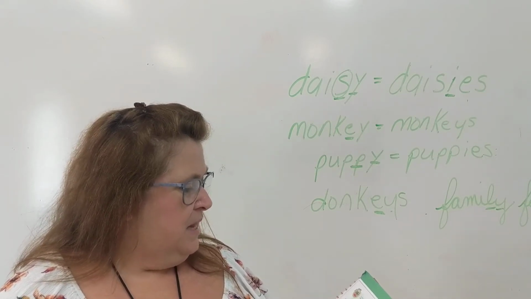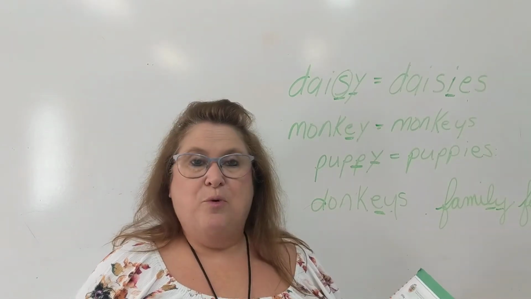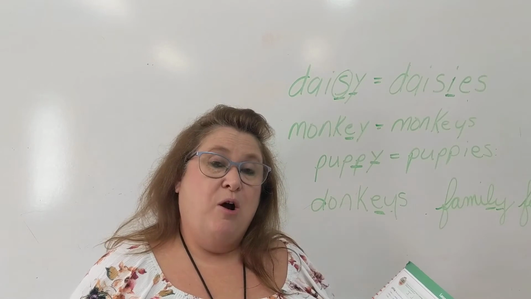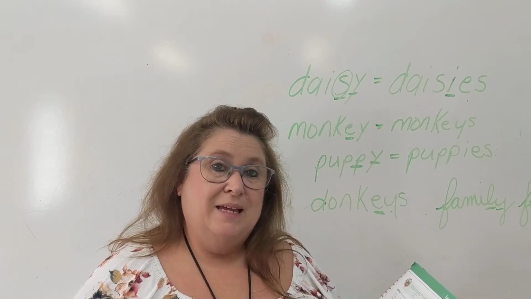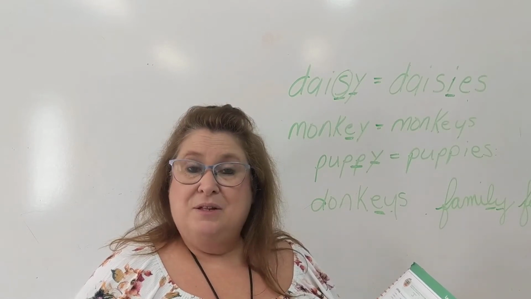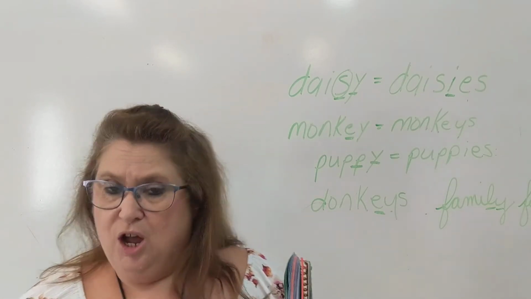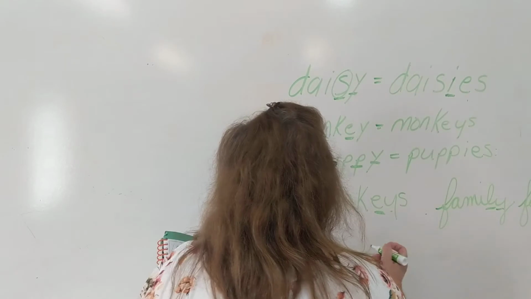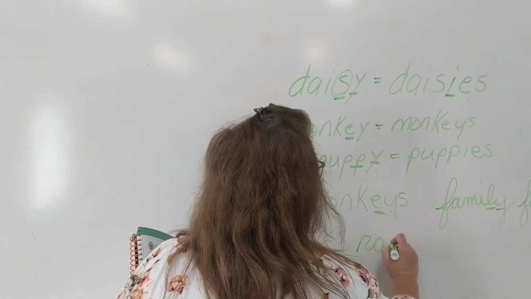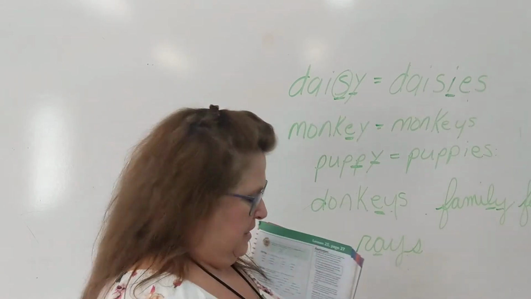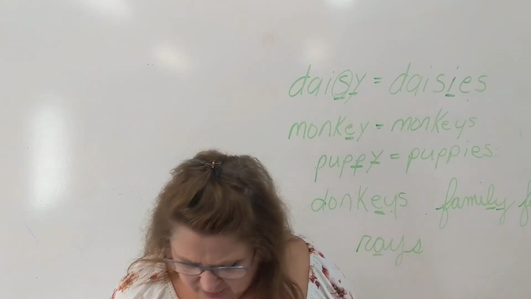And then in number 6, we have the word ray. We're going to make it plural. Look at our letter in front of our Y, and it is an A. So that is a vowel. So we will just add S to the end of ray. We have a vowel, we just add S, rays. And that is how we would make ray plural.